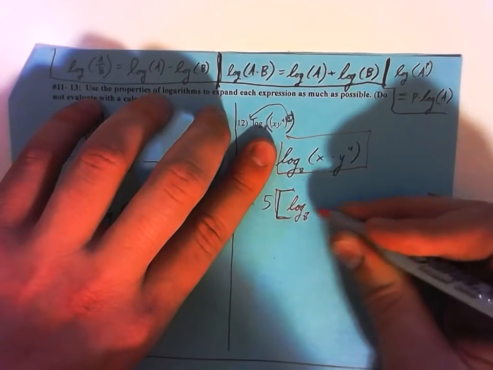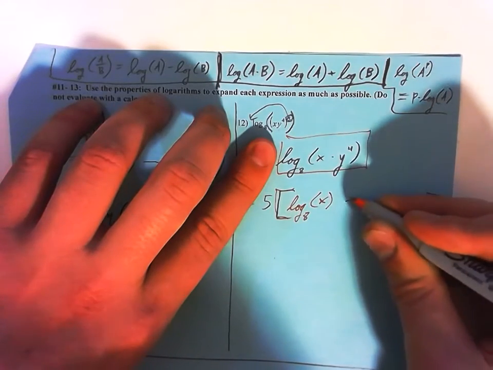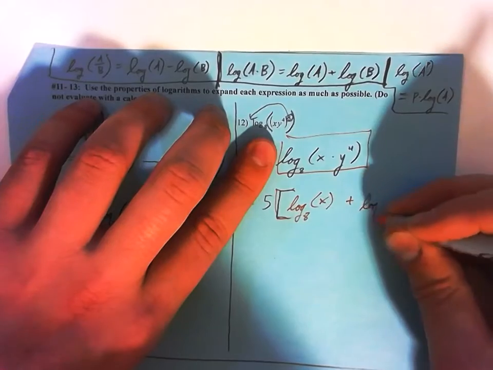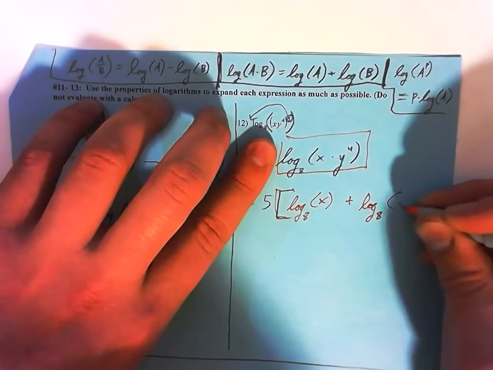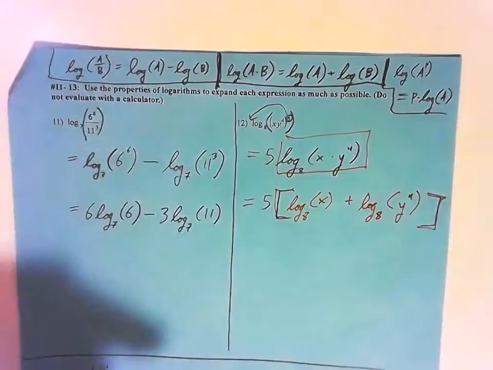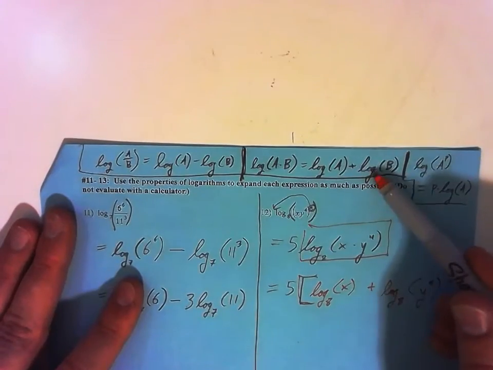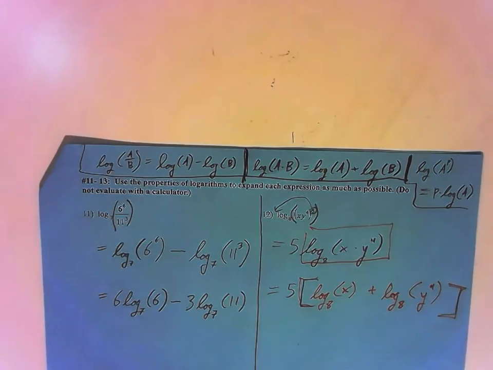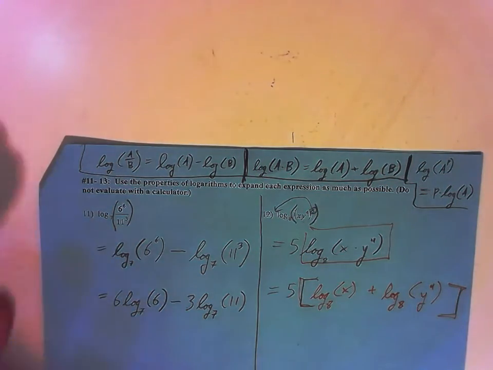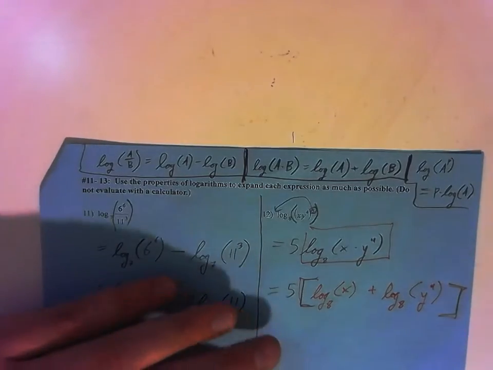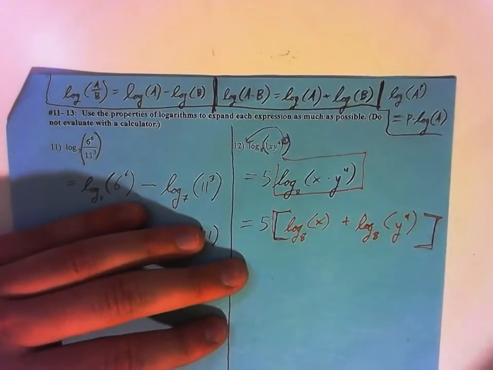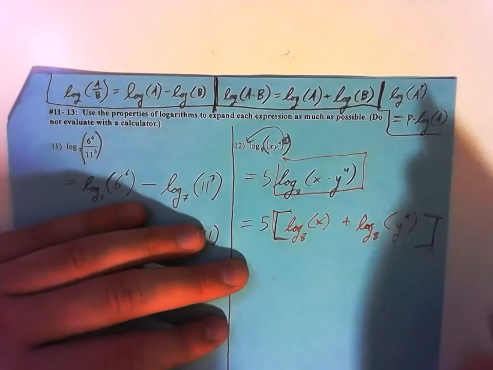Log base 8 of x plus log base 8 of y to the 4th. That's this property right here, the product property. Product is things multiplied together, a times b, product of a and b. Okay, or in this case, the product of x and y to the 4th.